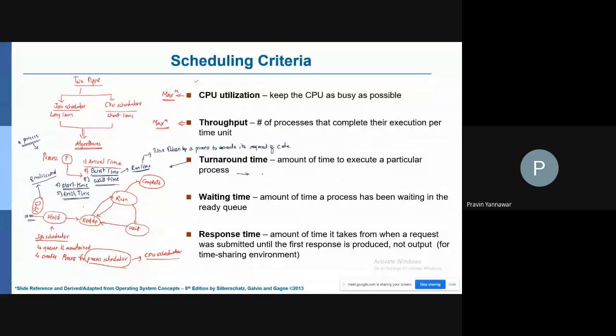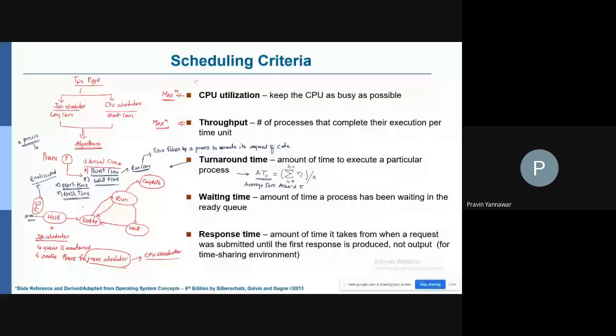If T is the turnaround time, then you sum all those Ti for i equals 0 to n, where i is the process, and divide by n. So this is nothing but the average turnaround time. This is an important point.